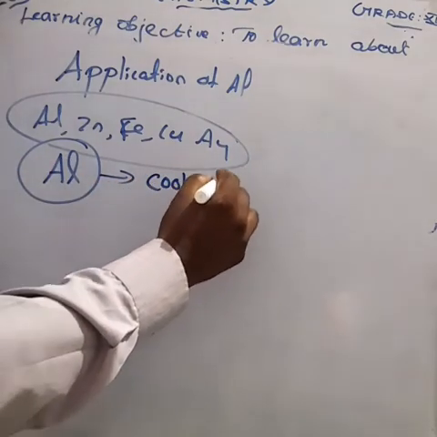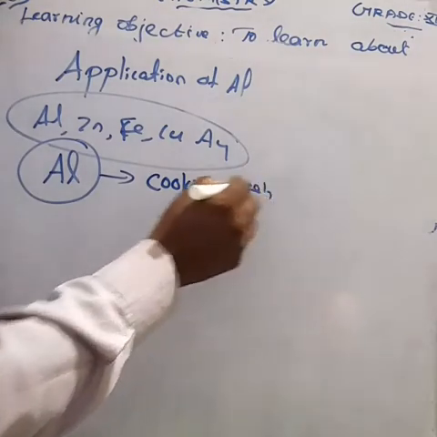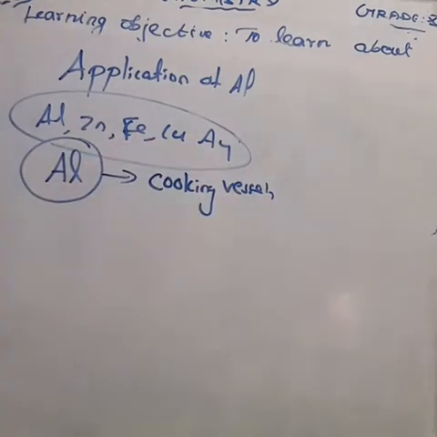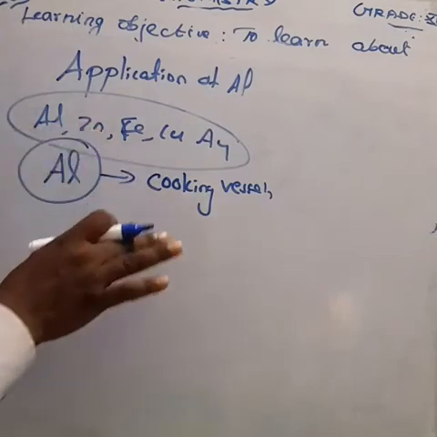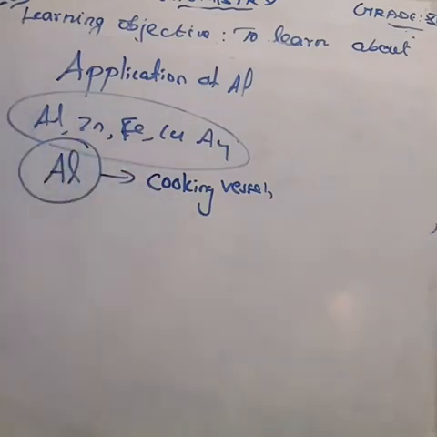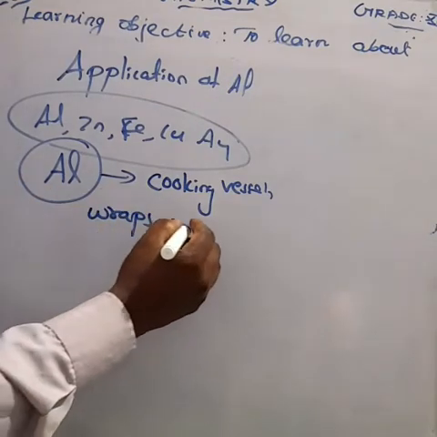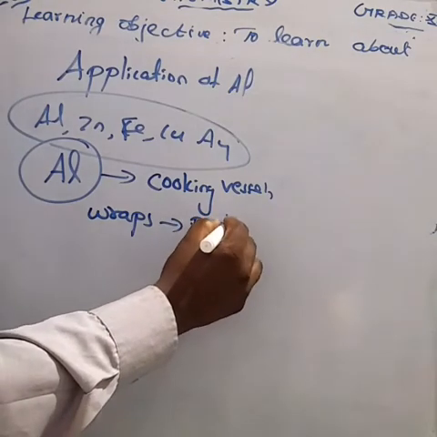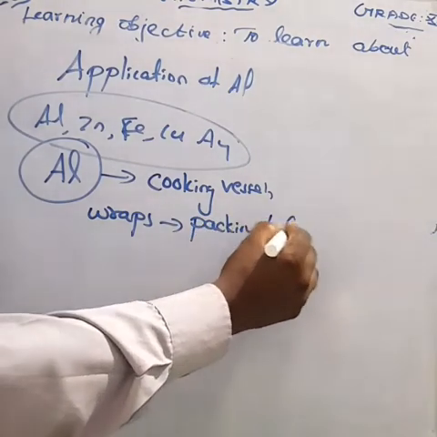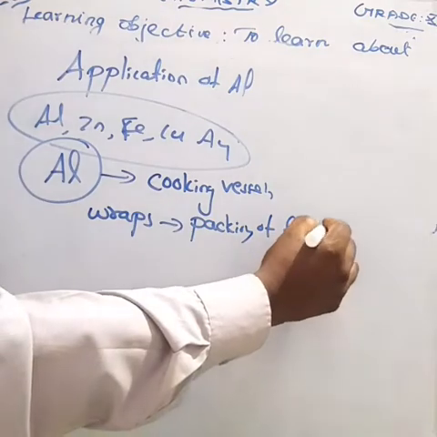Am I right? Second point: aluminium is used as a wrap, covering the food materials, that is, packaging materials for food items.